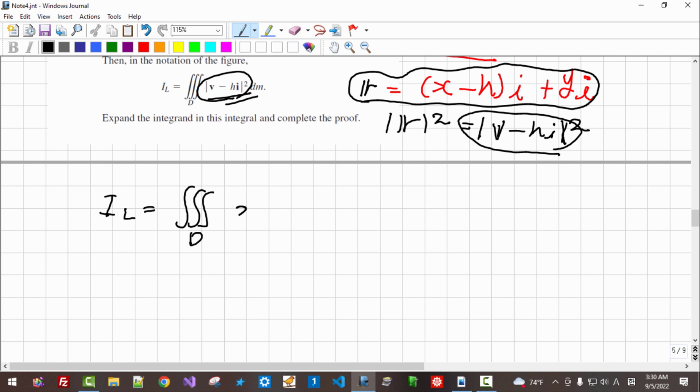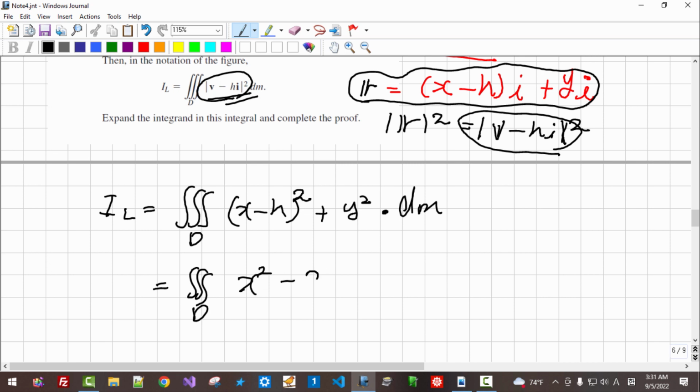So (x minus h) squared plus y squared dm. Then x squared minus 2xh plus h squared plus y squared dm.